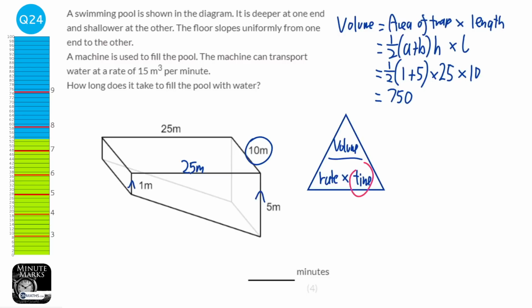So we're actually looking at the time. So it will be time equals the volume, which is 750, over the rate, which is 15. So 750 divided by 15 is 50. So it will take 50, and let's have a look. It says per minute, so it would be 50 minutes.